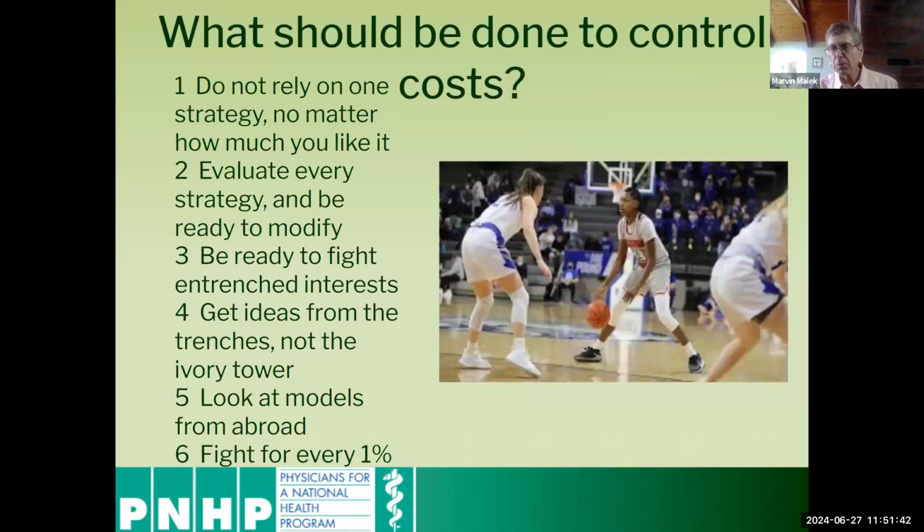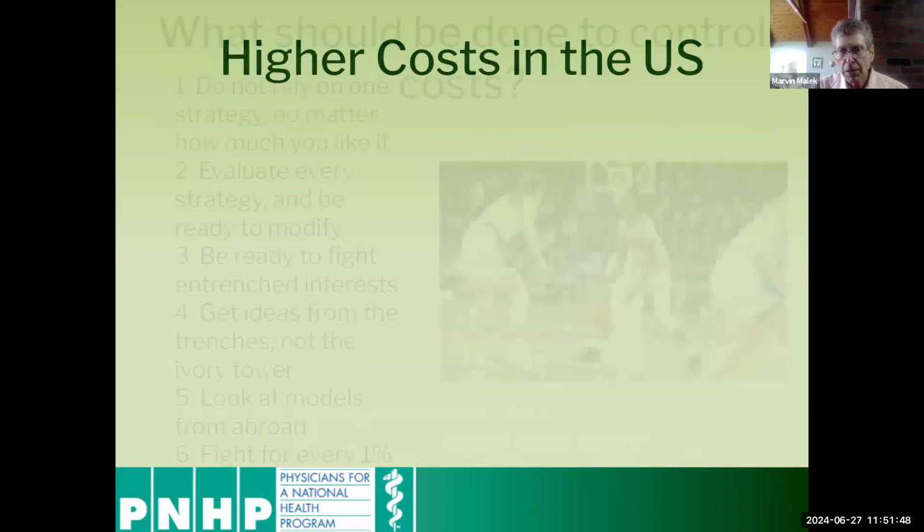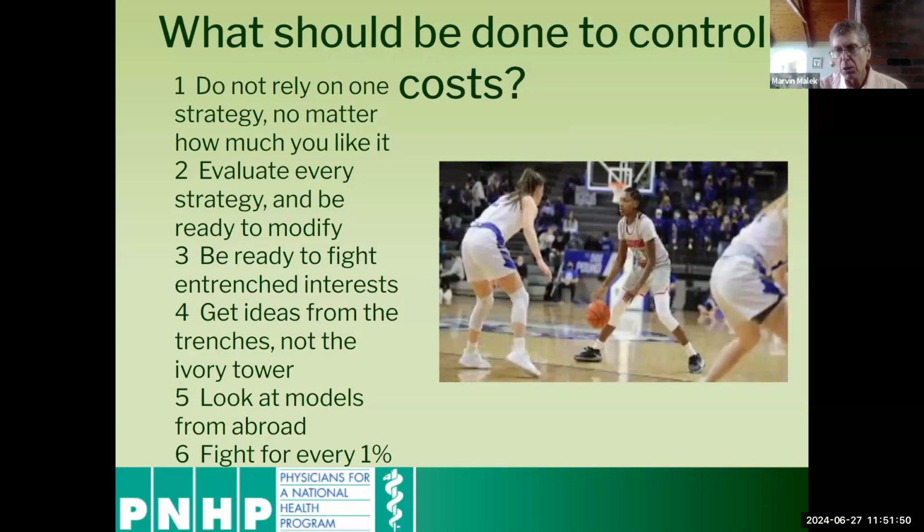Okay, so we're gonna go to my proposals. And I want you to, by the way, I'll repeat all this because it's so important. Don't rely on one strategy, no matter how much you like it. Evaluate every strategy, be ready to change and adapt. Fight entrenched interests, get ideas from the trenches, talk to the people on the lowest level in your hospital.